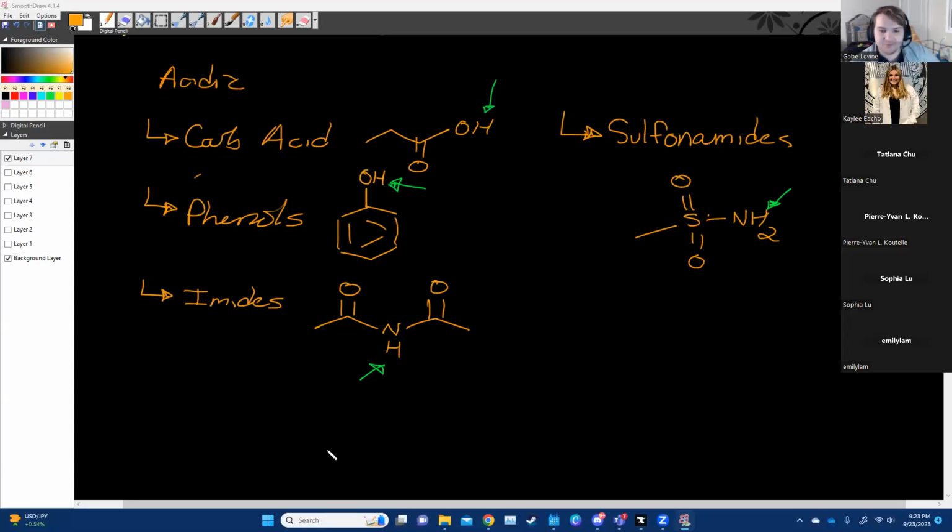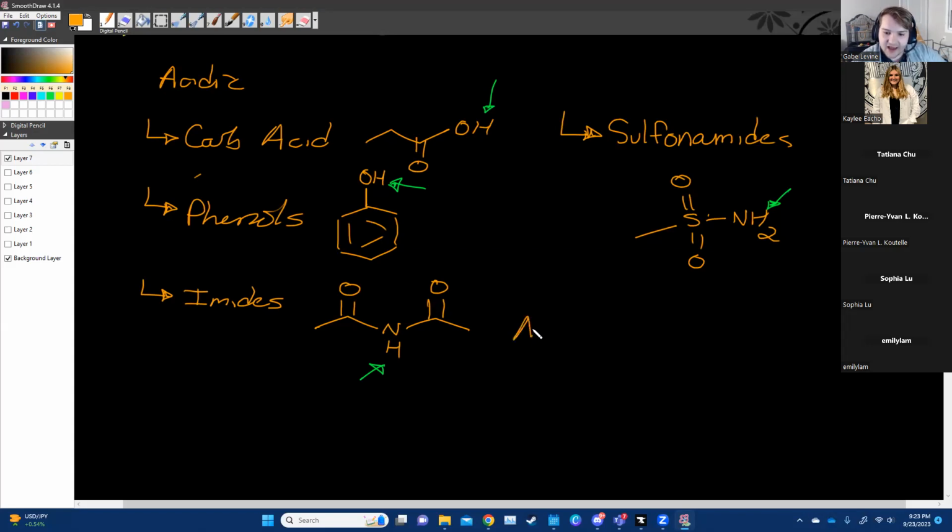Get back into it. So before the break, we identified all the acidic portions of these structures. And so generally what happens is that you have the acid with its hydrogen attached.